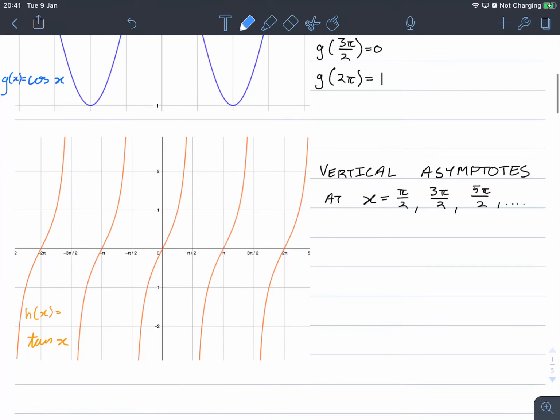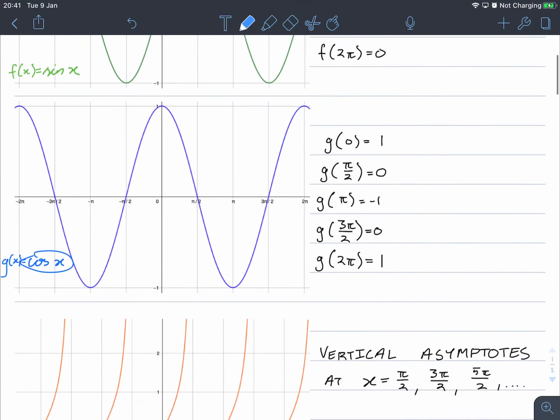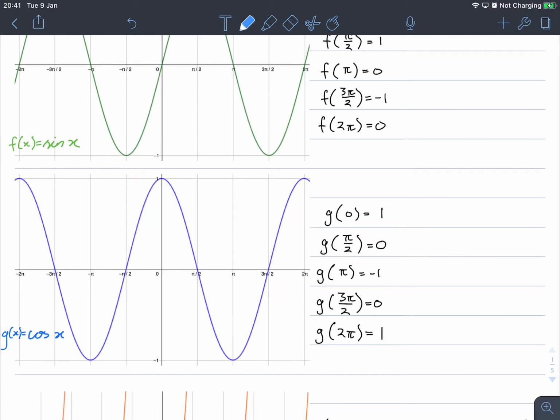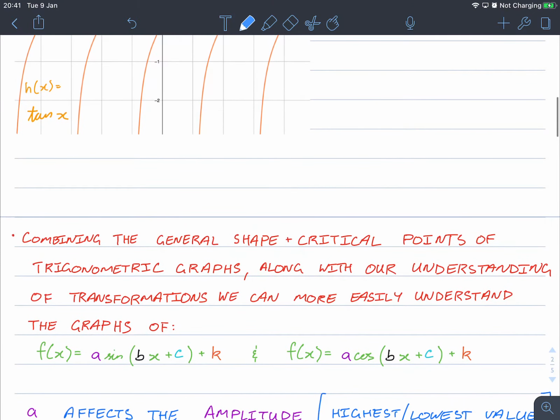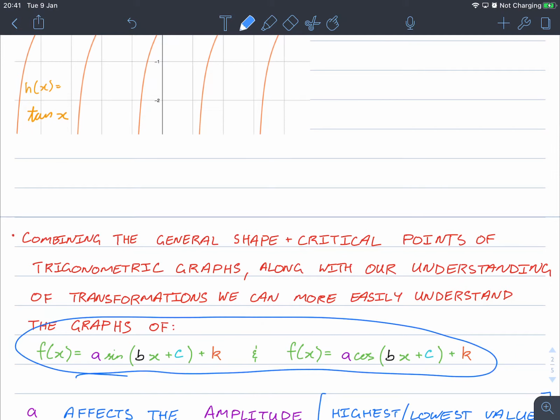Now, from these basic equations, we're going to look at graphing these following expressions, these following graphs.